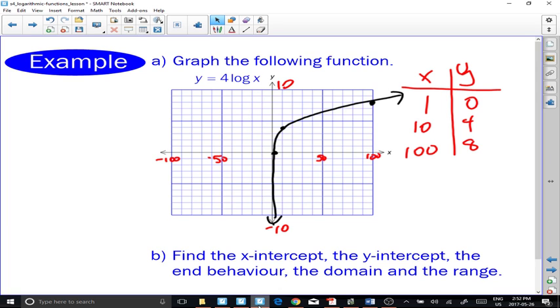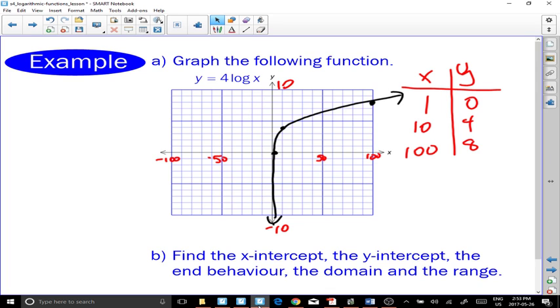It just looks different. Okay? So if you're graphing a logarithmic function, it pays to use x values that are powers of the base. The base here is 10, so that's why you use 1, 10, and 100.